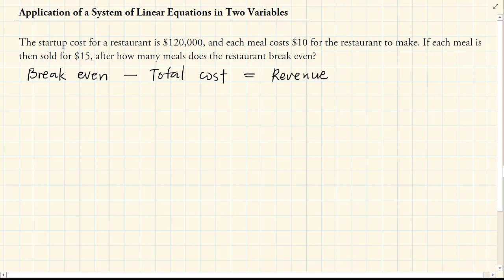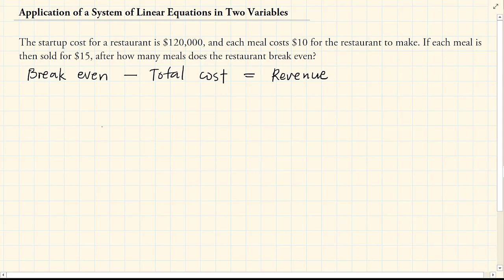Okay, so yung total na nagastos ng restaurant is equal sa kanilang na-collect from their customers. So for the total cost, ang total cost ng restaurant is the 120,000 startup cost plus $10 for every meal. Ngayon, ang revenue naman nila is $15 for every meal.